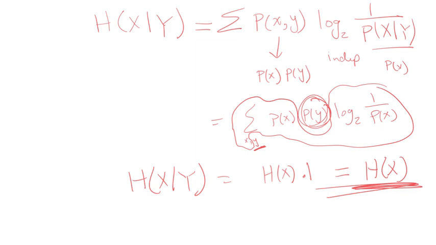By interpretation, this is the ambiguity about x knowing y. But if knowing y tells me nothing about x, then my ambiguity stays the same, so it stays as h of x. That's by interpretation without any mathematical derivation. Clear?